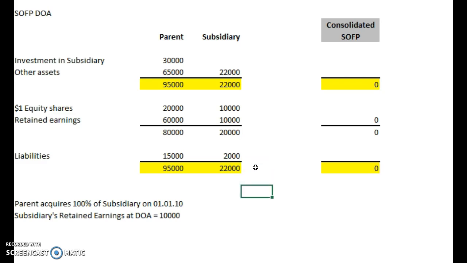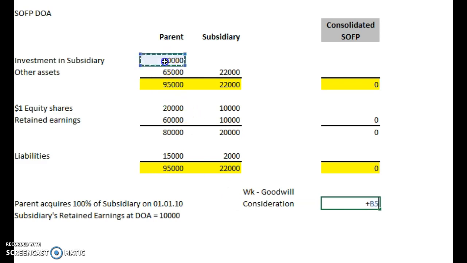So we need a little bit of working here, because we've obviously paid 30 for something that on paper's worth 20. So we need to just reconcile that difference. So we'll do a working here, working for Goodwill. And we look at the total consideration from the parent, and that consideration was 30,000. And from the consideration we look at what they've paid for. So they've paid for shares.